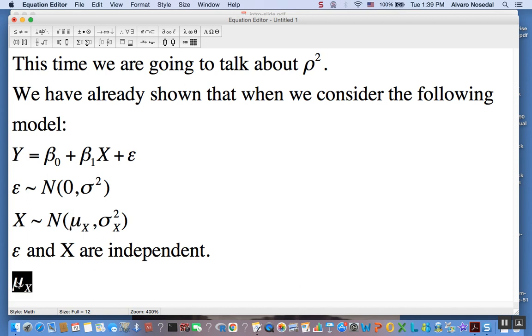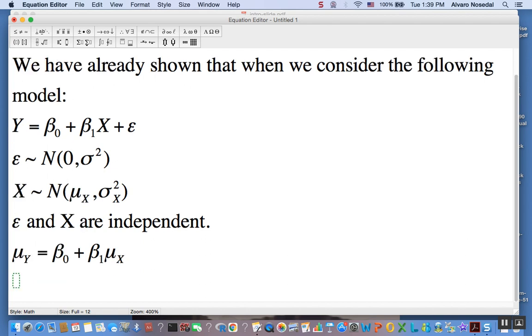It wasn't hard, just from our assumptions. It was something like this, but instead of x we will have the mean of the random variable x.